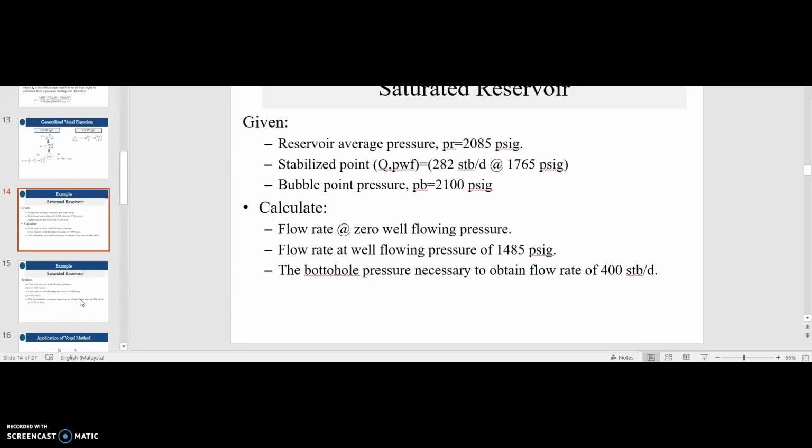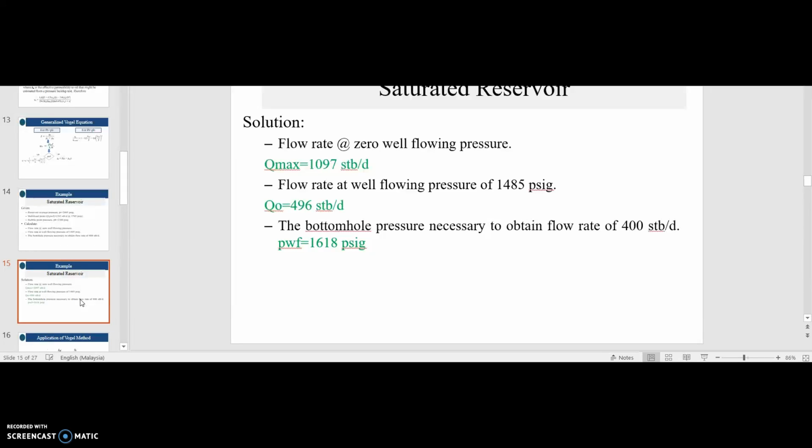And then we are requested to calculate the bottom hole pressure necessary to obtain a flow rate of 400 stock tank barrel per day. So here the reservoir is fully saturated. That means we only need to use the Vogel equation as it is.